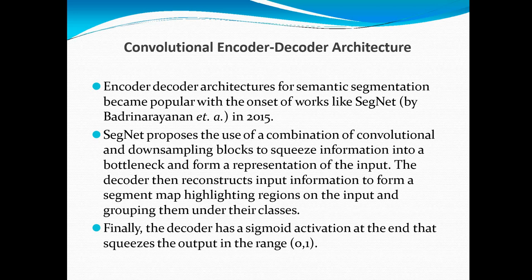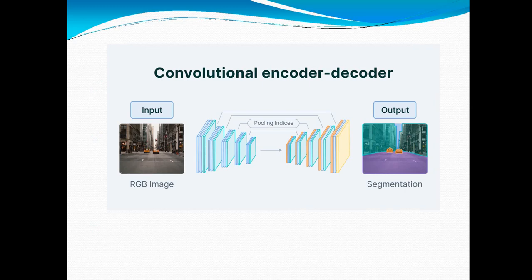Finally, the decoder has a sigmoid activation at the end that squeezes the output in the range 0 to 1. Here is a figure representing the convolutional encoder-decoder. The input is an RGB image and the output after segmentation of the given image is shown.